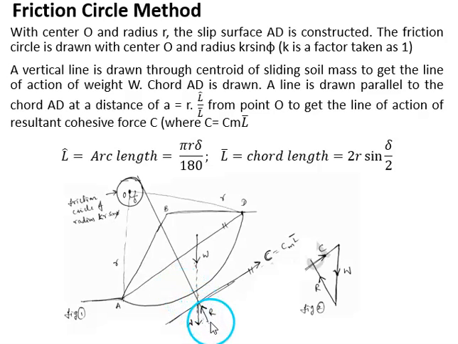So this line represents the resultant reaction, resultant of W and C. Then from the top of the weight line we have to draw a line parallel to C, and from the bottom of this line we have to draw a line parallel to R, so that one triangle is constructed which is called as force triangle.